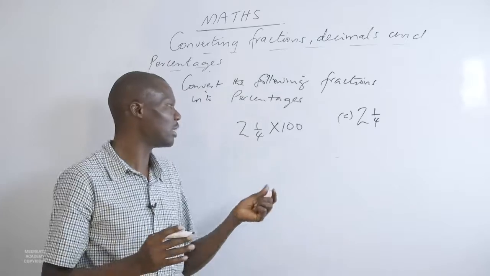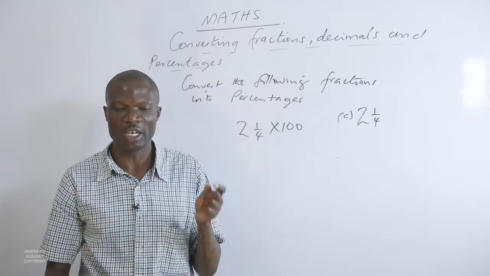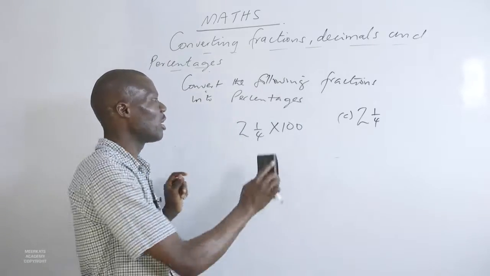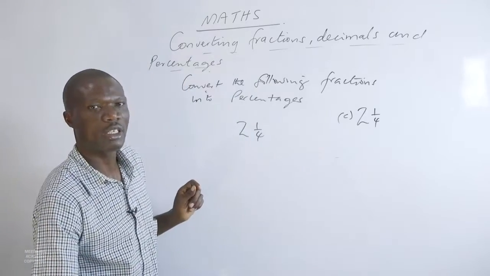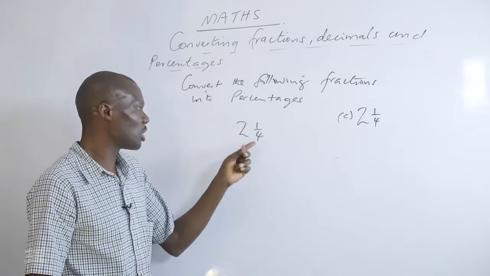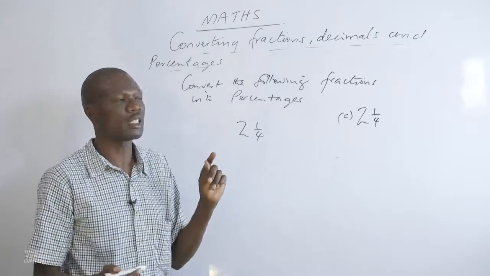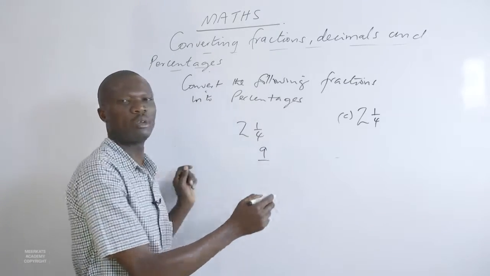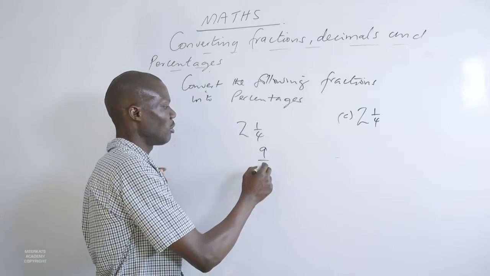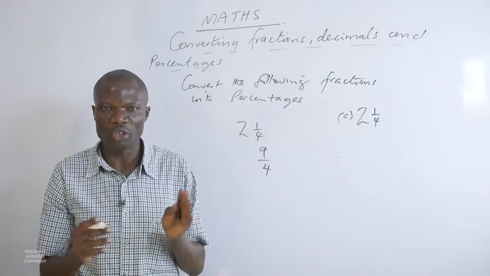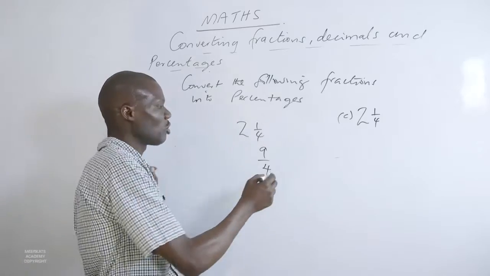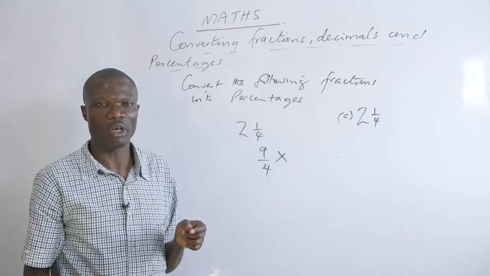So we need to convert it first into an improper fraction. To convert this into an improper fraction, it is 2 multiplied by 4, which is 8, plus 1 is 9. And the denominator is what? 4. So 9 over 4 is what we have as our fraction. So to convert, we multiply by 100.